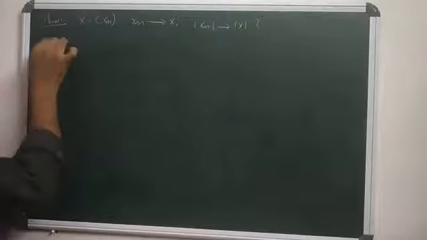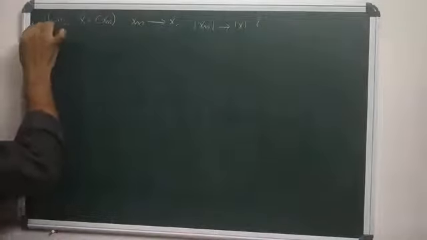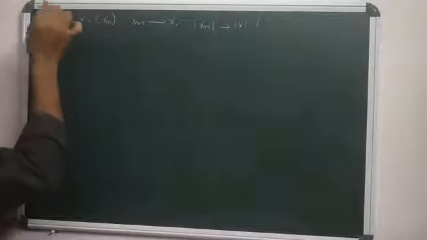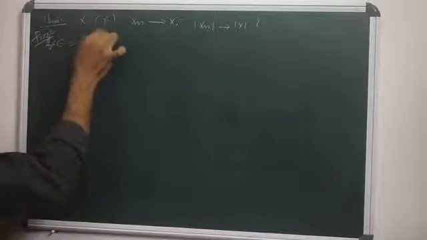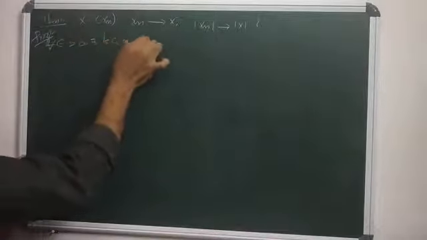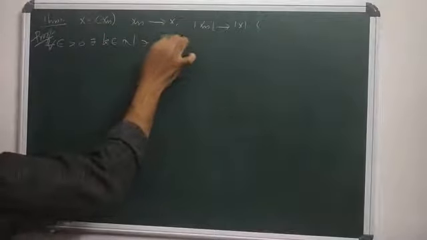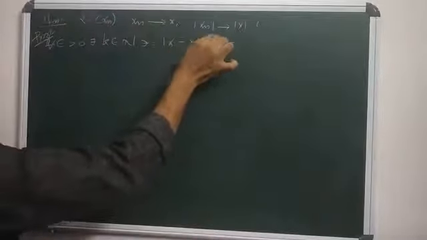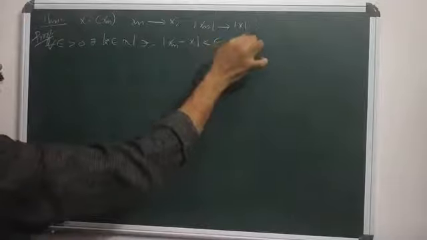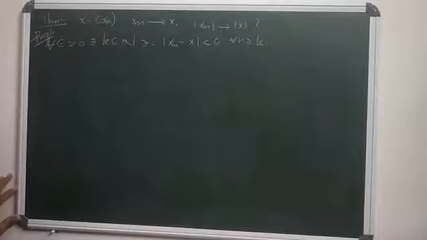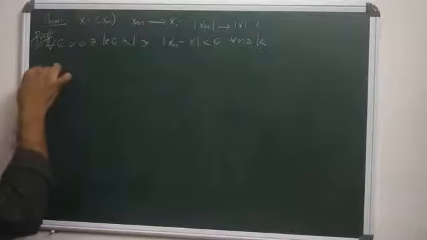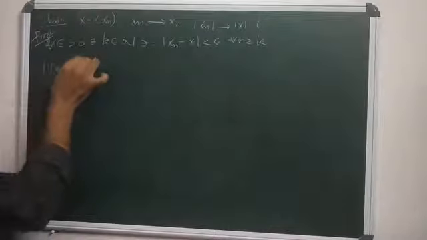xn converges to x means, by definition, for all epsilon positive, there exists some k in N such that |xn - x| < epsilon for all n >= k. But what about ||xn| - |x||?